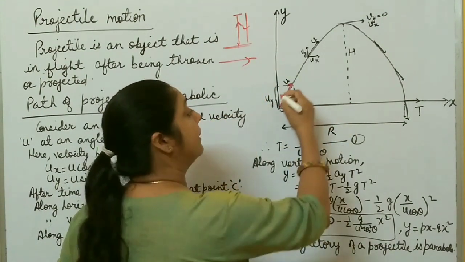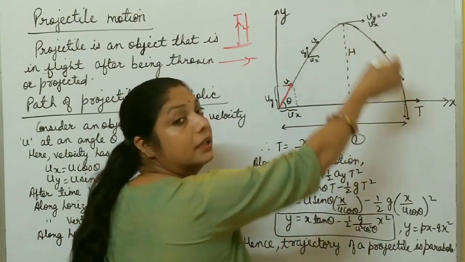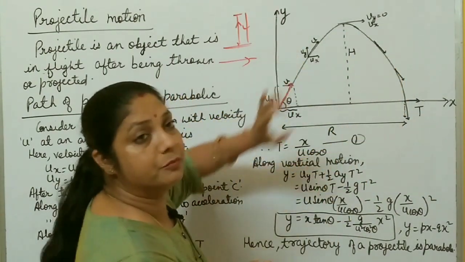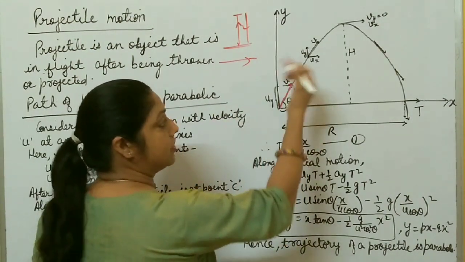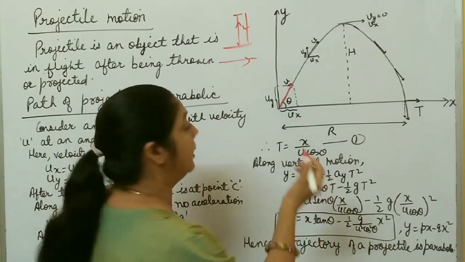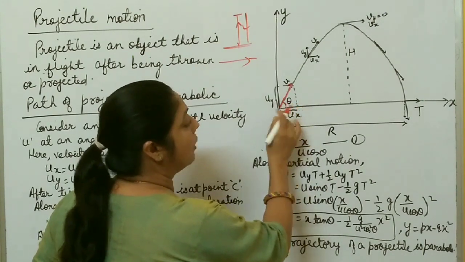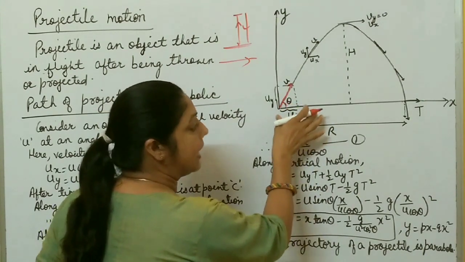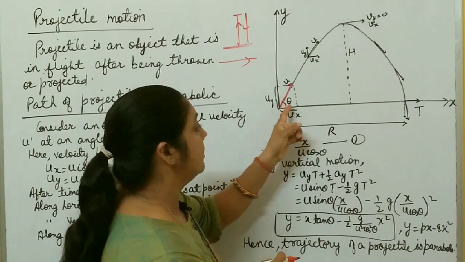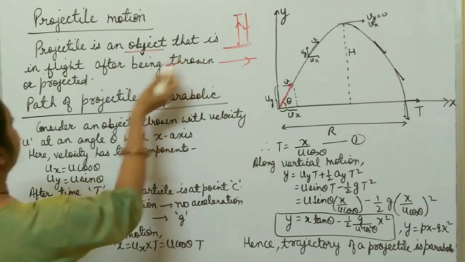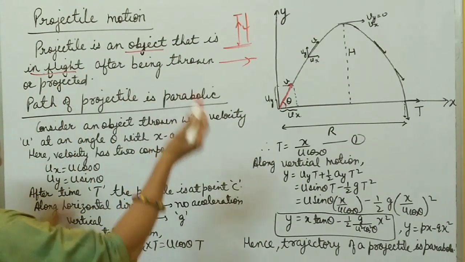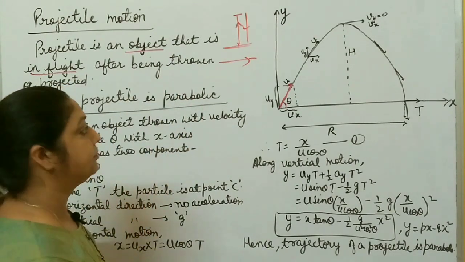So the path taken by this object is a curved path, and this type of motion is called projectile motion. The object which is thrown is called a projectile, and the angle the object makes with the x-axis is called the projectile angle. So a projectile is an object that is in flight after being thrown or projected.